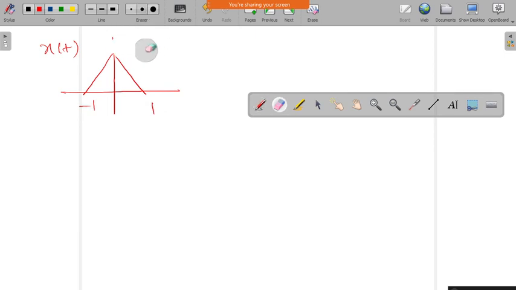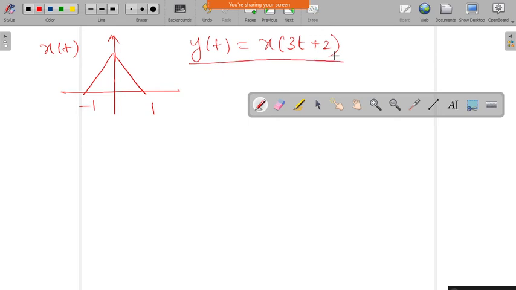Okay, x of t is given like this. So now we need to find y of t, which is equal to x of 3t plus 2. So do it.